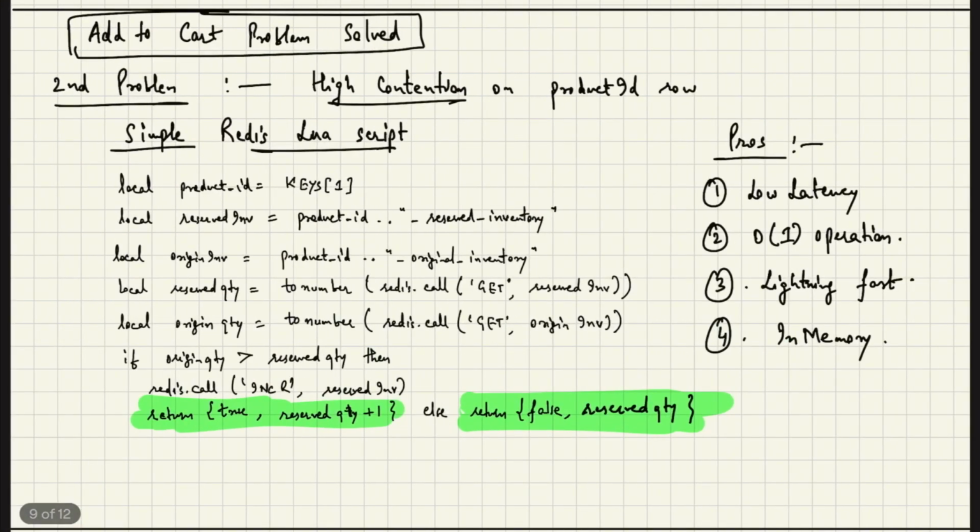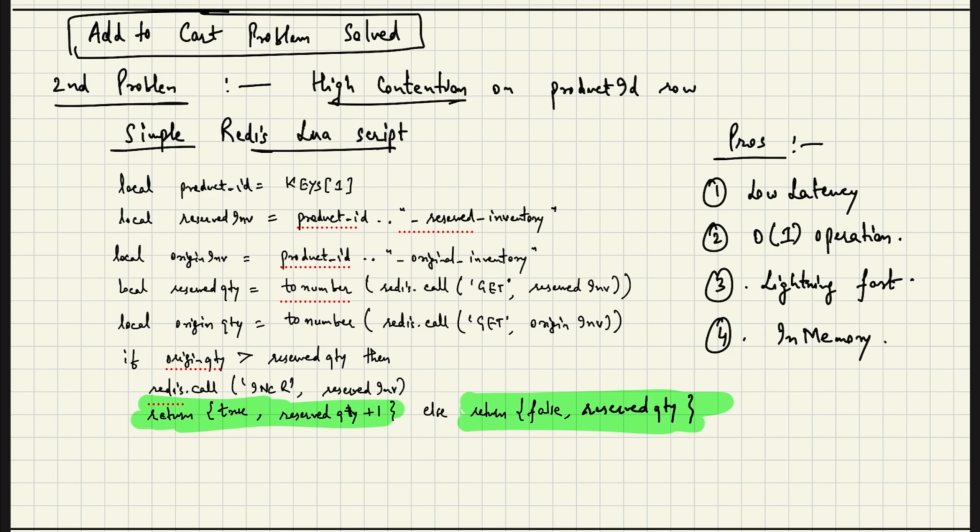Now let's continue. Now our add to cart problem is already solved. Now the second problem, what was there? The high contention on the product ID row. This also we have discussed, that we need to somehow support the increment or decrement operations atomically, right?